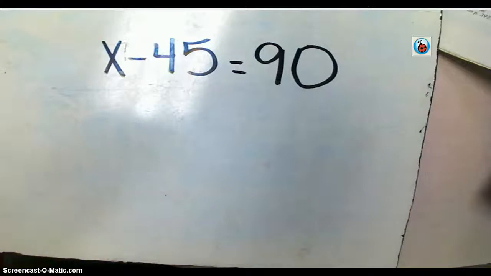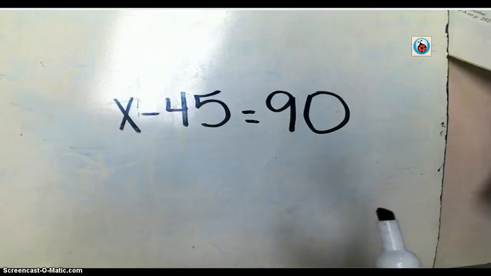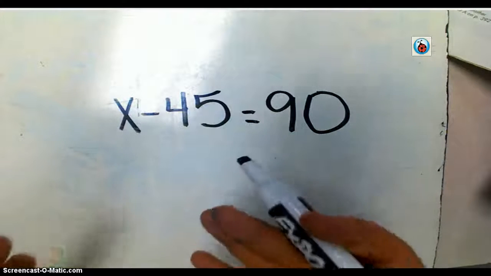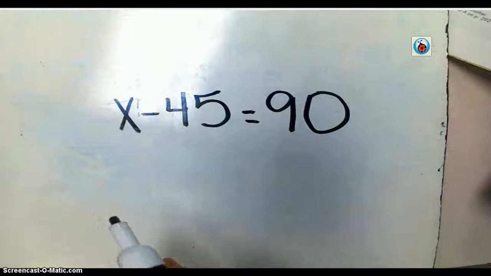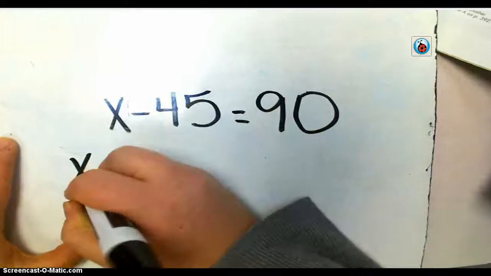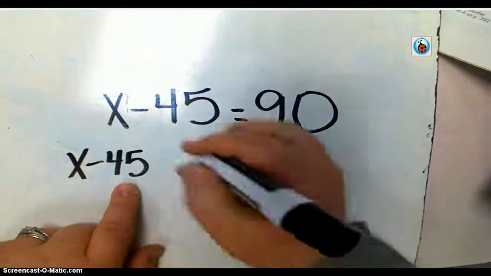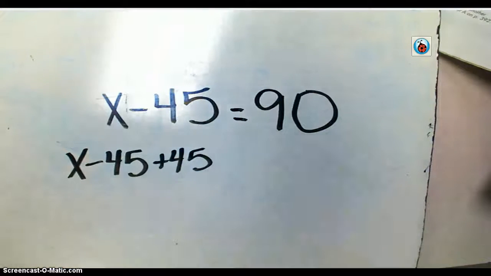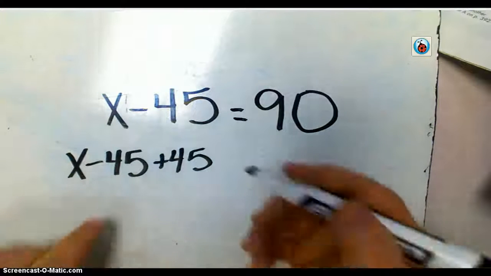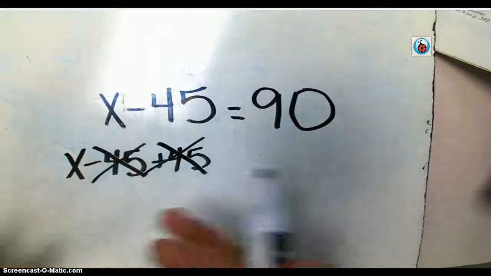Now let's think about this example here with a larger number. They're telling me when I have something that looks like this, it says minus 45. I'm going to do the inverse operation to get that variable by itself. By inverse, I just mean opposite. So I'm going to write this as x minus 45. And if I want this to be 0, I need to add 45, right? If I have 45 and I take 45 away, that gives me 0. Because a negative 45 plus 45 gives me 0.